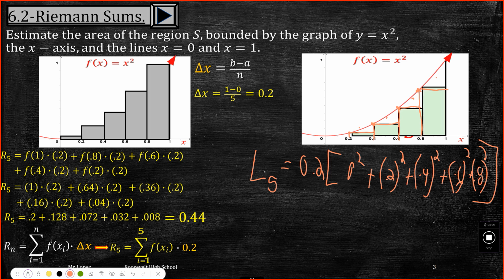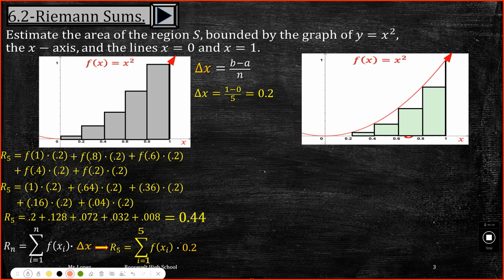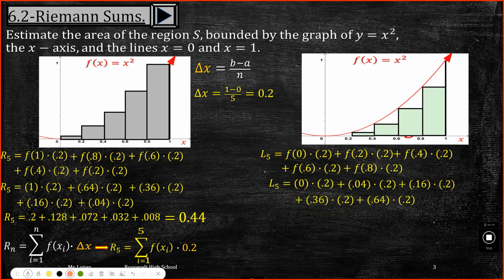And now we're getting it in between. The area under there will definitely be between 0.44 and 0.24. What's 0.44 plus 0.24 divided by 2?